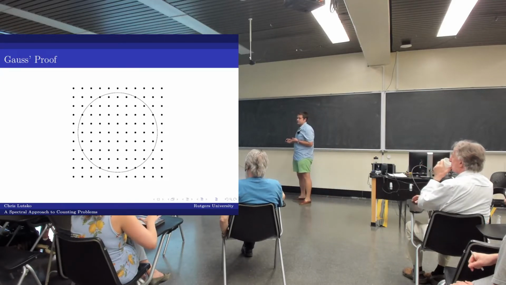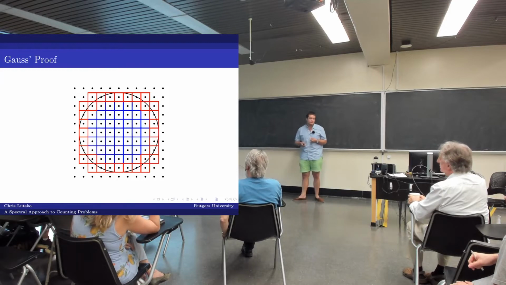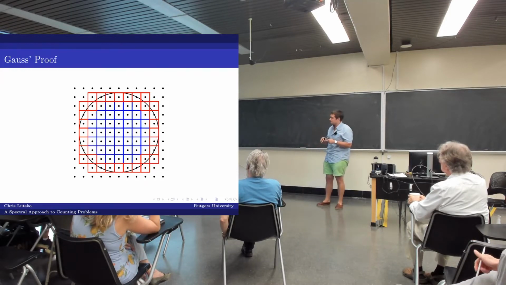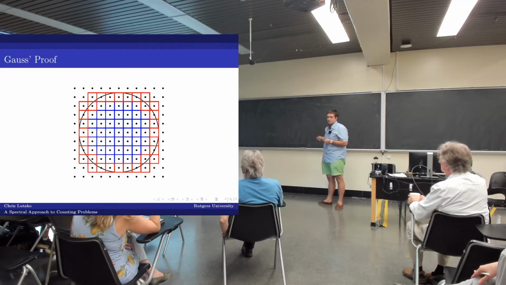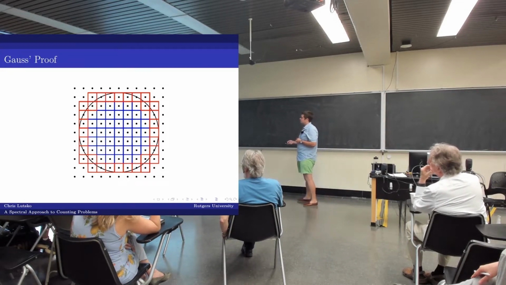If the box is entirely contained in the circle, then we color it blue. If it's intersecting the boundary of the circle, then we color it red. Your true count is lower bounded by the blue boxes, and upper bounded by the blue plus the red boxes.